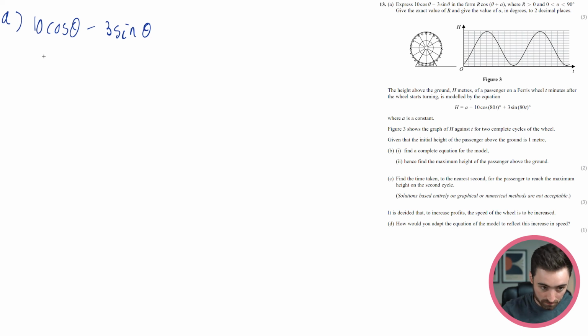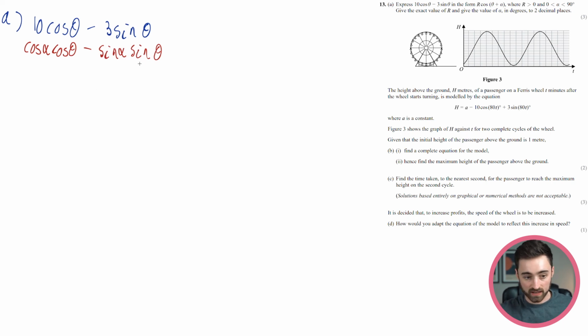It's going to be cos alpha cos theta minus sine alpha sine theta. So if we want this in the form r cos of all of that, well then r multiplied by cos of theta plus alpha is going to be r cos alpha cos theta minus r sine alpha sine theta.